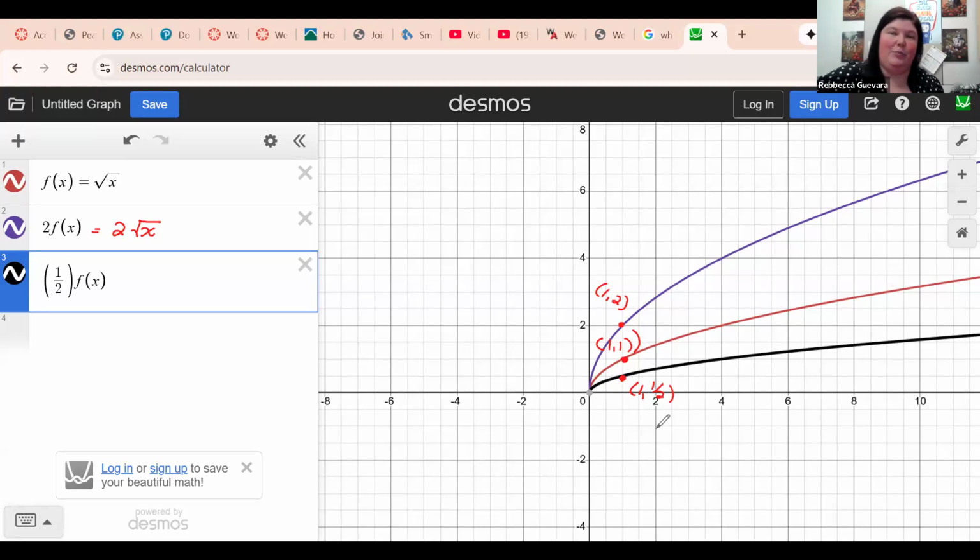So everything gets compressed, or we say it shrinks. So this is just 1/2 of the square root of x. So this is your vertical stretch and compression. Or sorry, vertical stretch and shrinking. Your book uses shrinking, doesn't use compression.